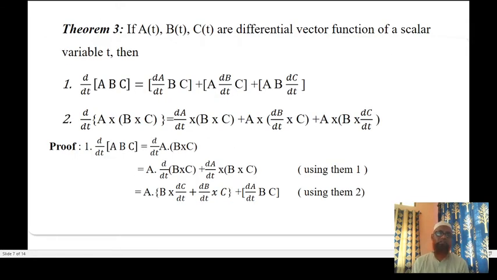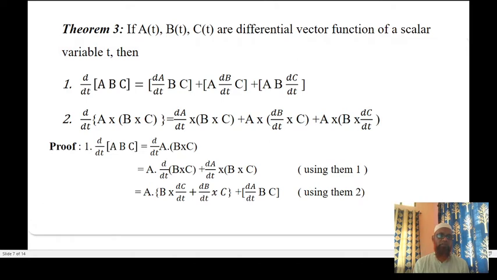Next, theorem number 3. If a of t, b of t, c of t are differentiable vector functions of scalar variable t, then d by dt of the scalar triple product a b c is equal to da by dt b c plus a db by dt c plus a b dc by dt.